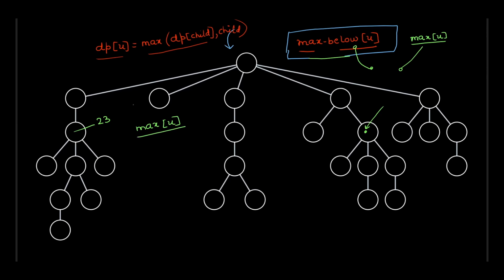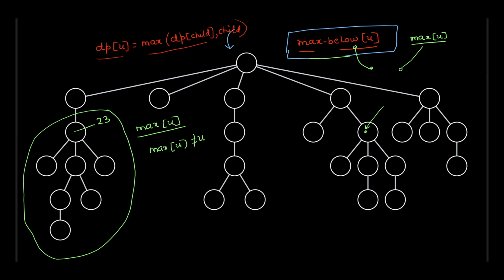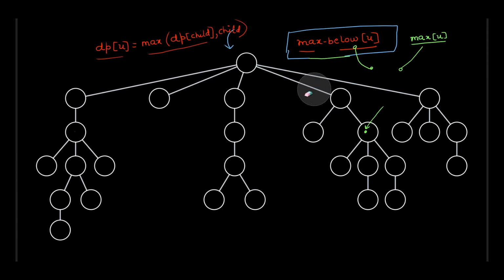That max of U denotes the maximum of the entire subtree including this node, and then you can simply check if max of U is not equal to U, then this node will never be a green node. And this also works. I'm not saying that this will not work, but I'm specifically using this DP definition where I do not count this node as part of the DP. Why am I doing that?